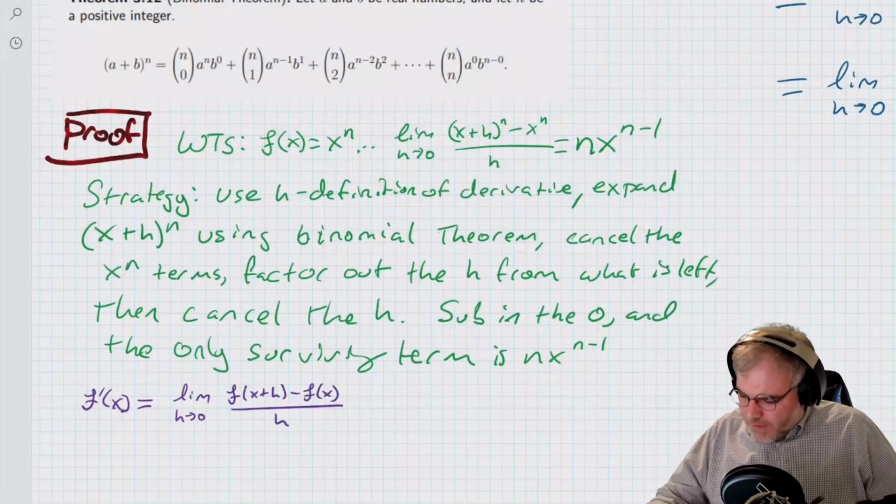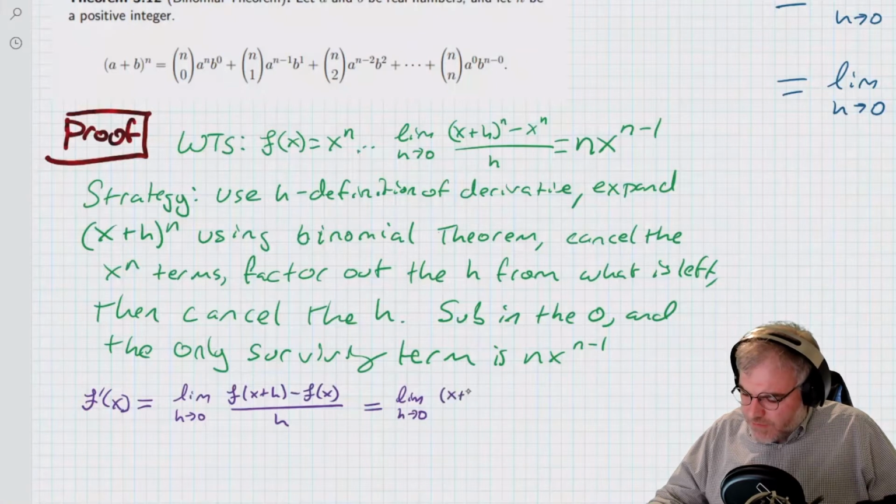Now, our f is x to the n. So we've got the limit as h goes to 0 of x plus h to the n minus x to the n all over h.